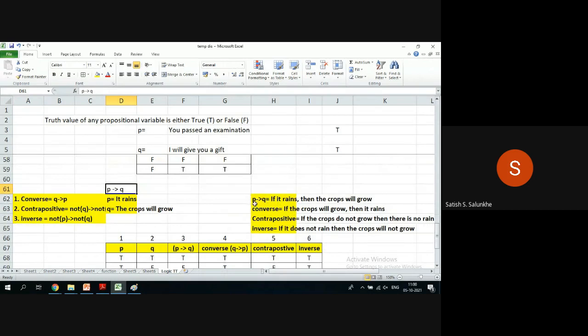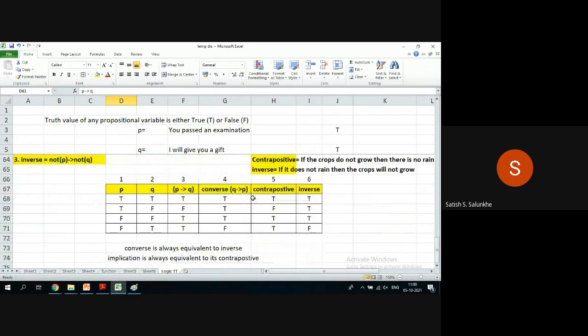To check the equivalence of two statements, if they have the same propositional variables, you can construct the truth table and verify the truth values. If they are the same, then both statements are equivalent to each other. If they are not the same, they are not equivalent.